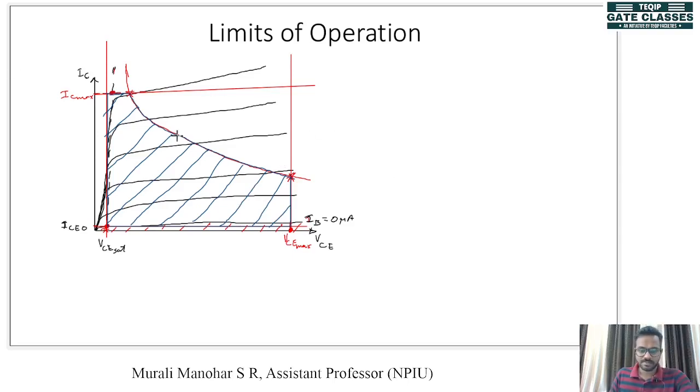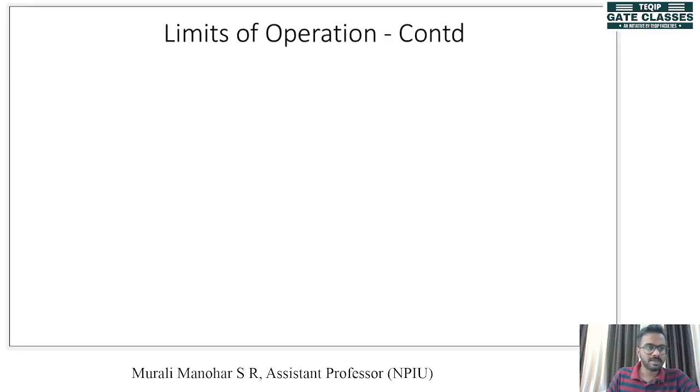Now if we write these limits of operation, we can write the limits of current as ICEO, the minimum current through the collector. IC must be greater than that, and it should be less than IC max.